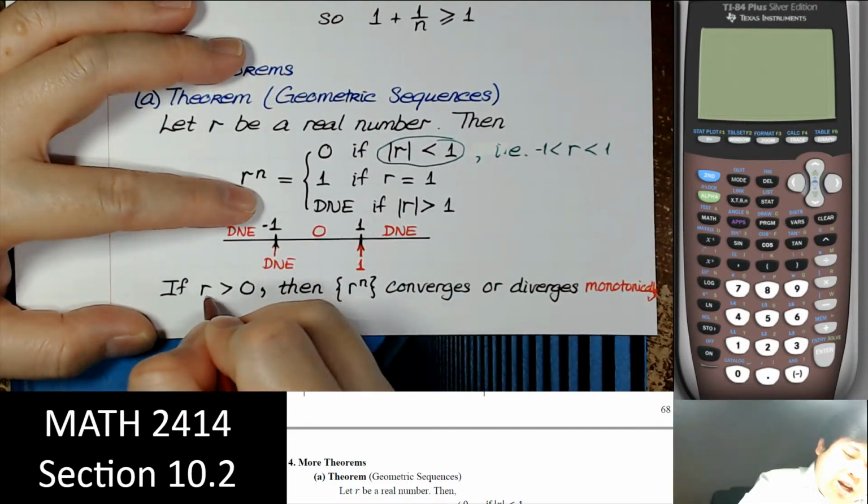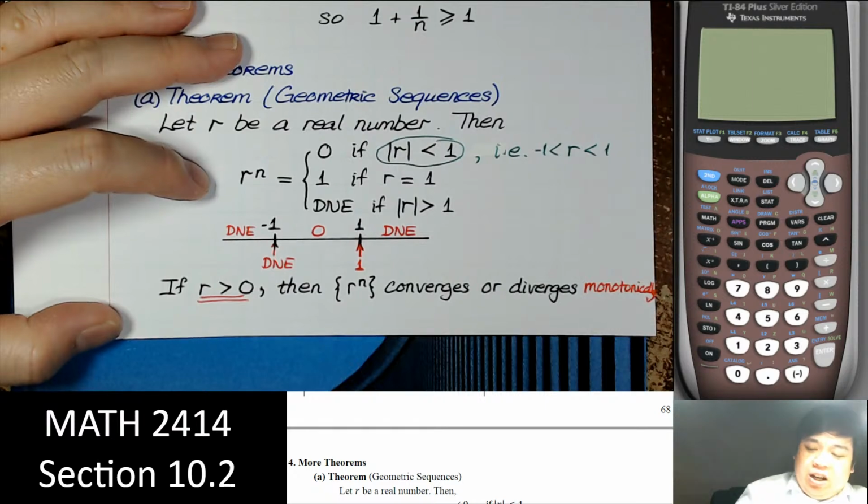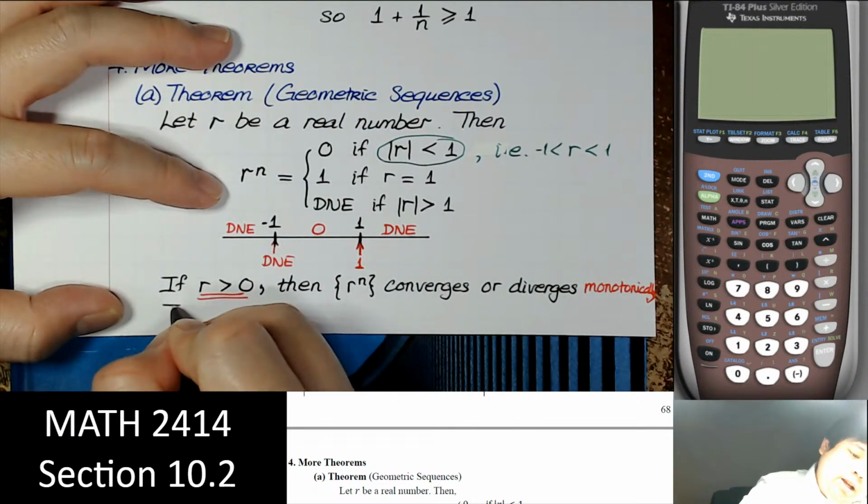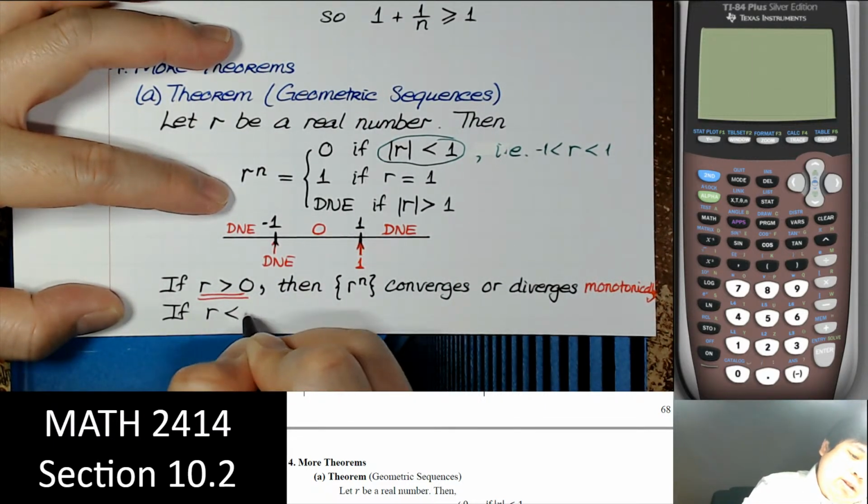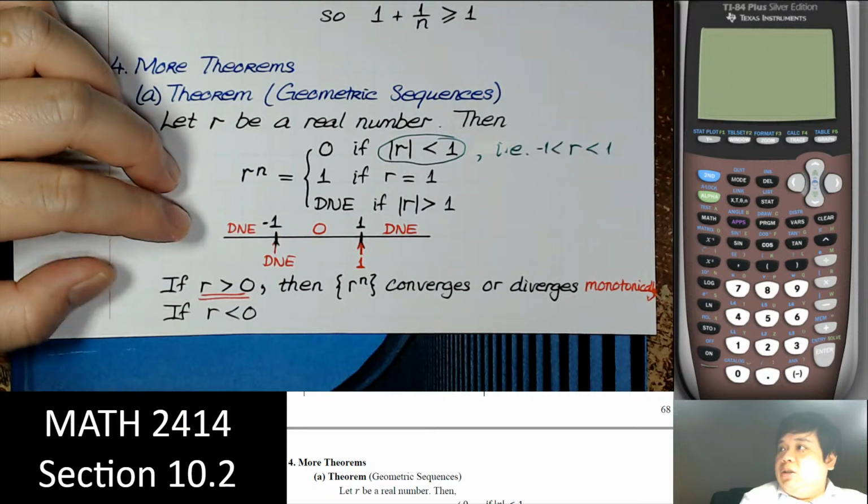So when it's greater than 0, monotonic. If r is negative, it is oscillating.